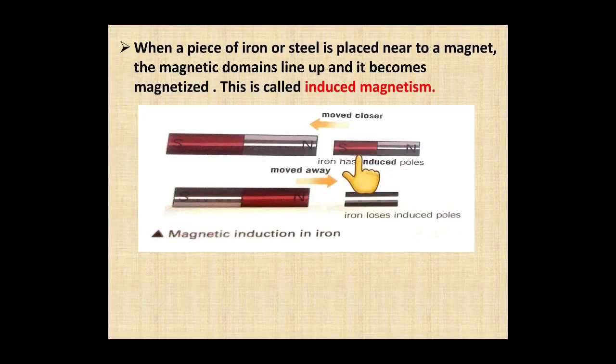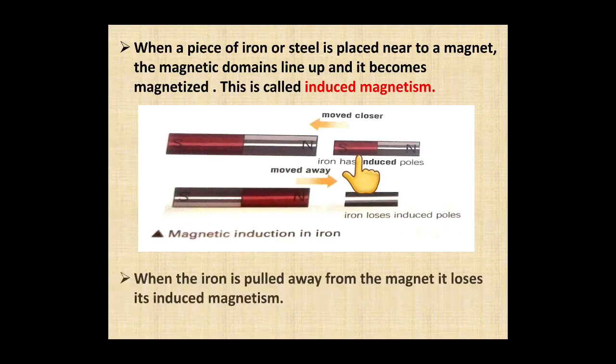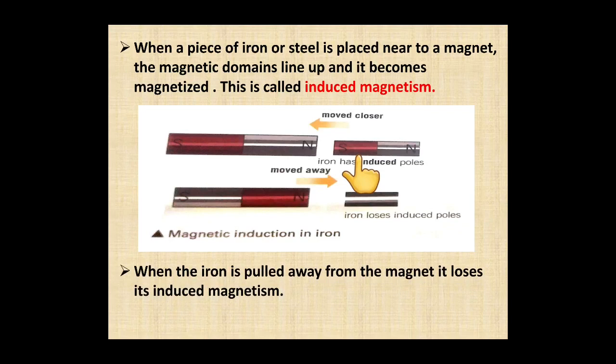Thus, iron is magnetized. But you can see that when you move away the magnet from the iron piece, it loses its magnetism. So you can say that iron is a temporary magnet.